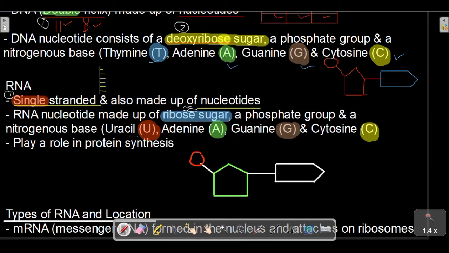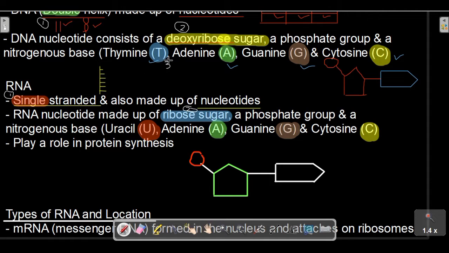Now, the third difference is that the RNA, instead of having thymine as one of its nitrogenous bases, actually has uracil. So uracil replaces thymine. We don't have thymine in RNA, we have uracil.